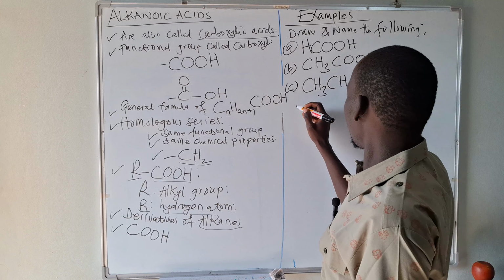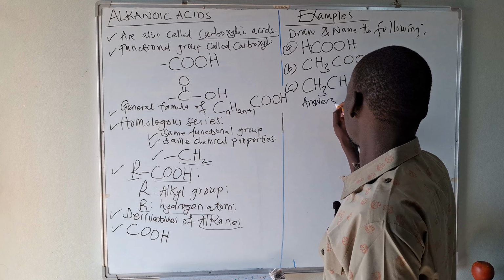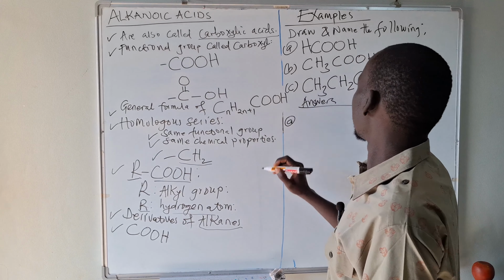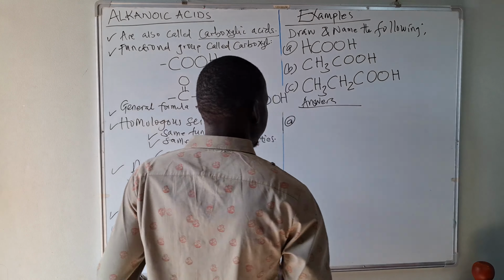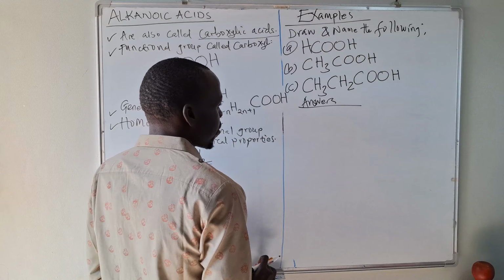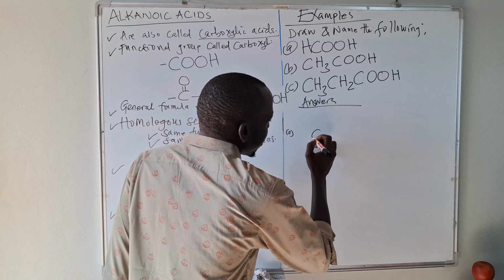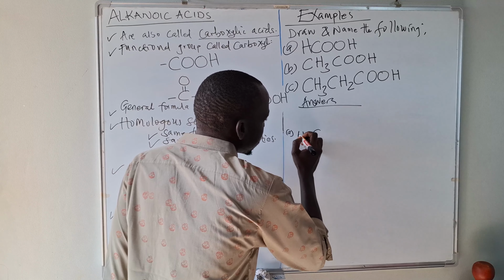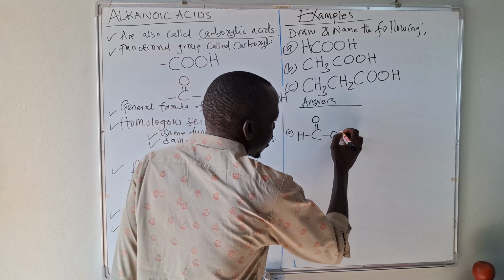For A, let's say I have my answers here. How can I draw that? This is part A, I'll have something like this.